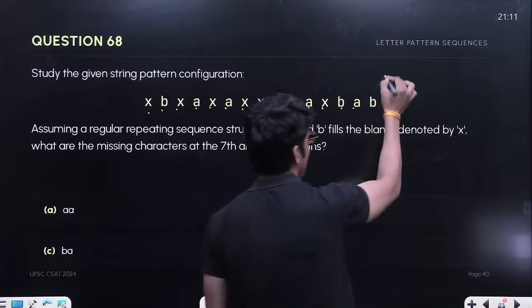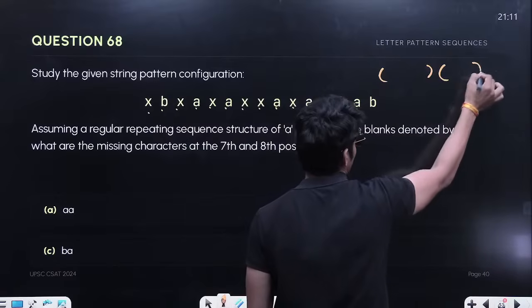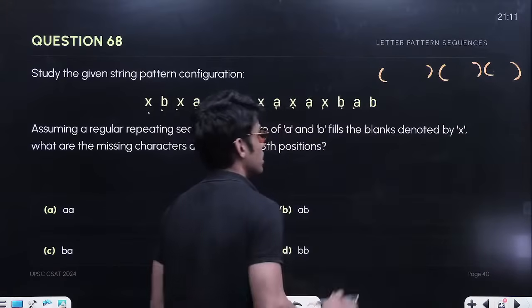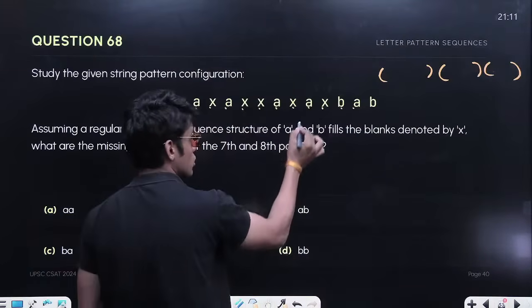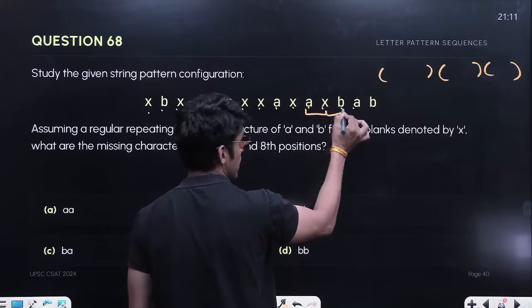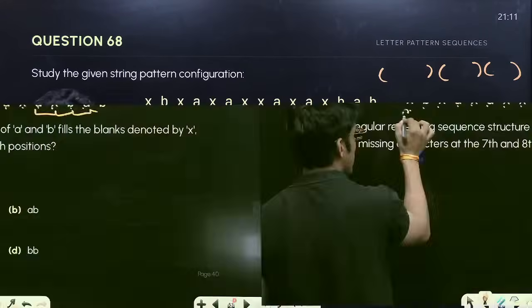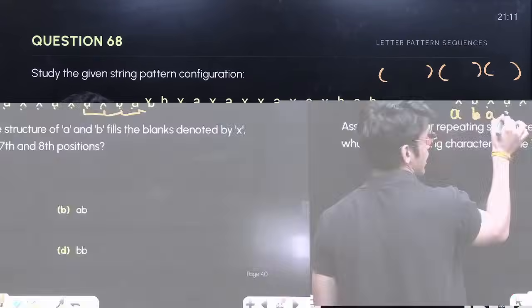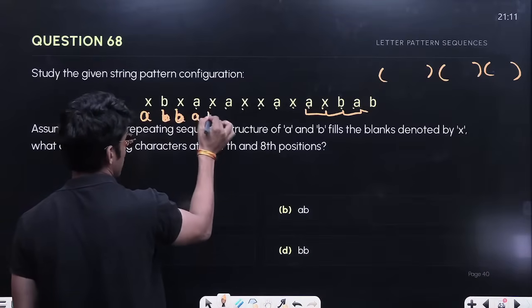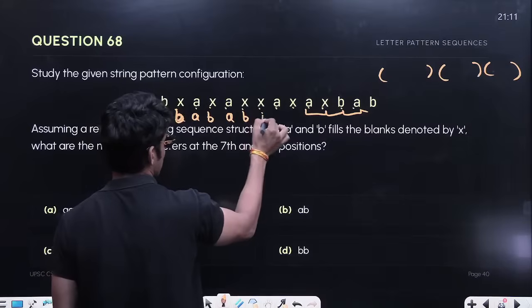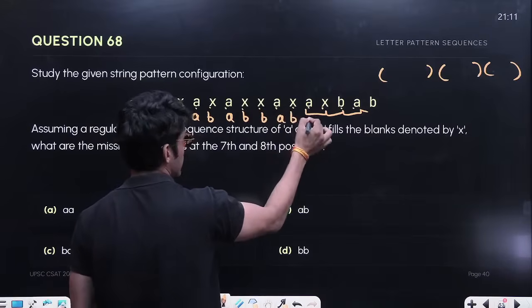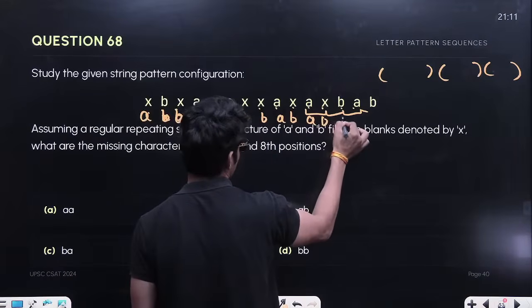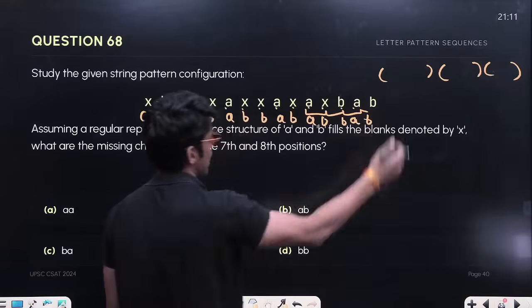Now, I can have 5 length repeated twice. So let's assume like this, AXBAB. So X becomes B, AABAB, right? If it fits, it fits. So this is the right answer.